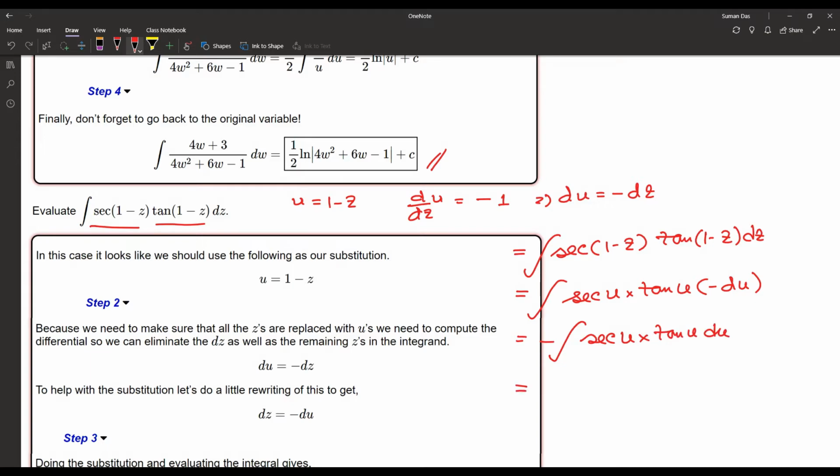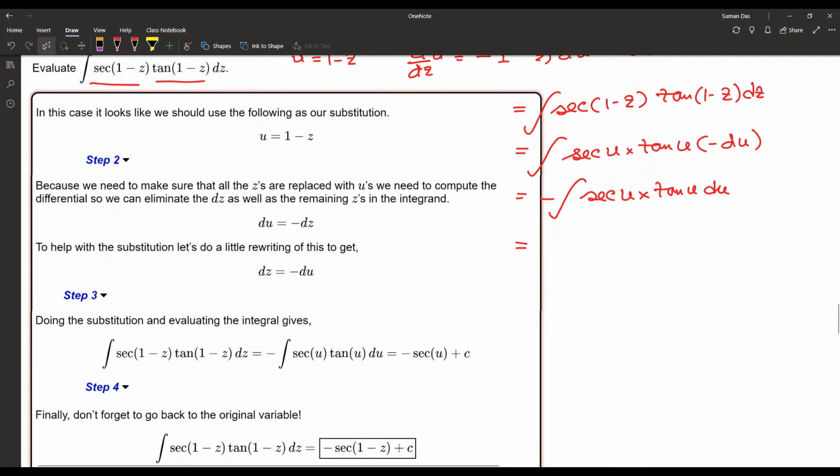And what is the integration of sec x tan x dx? That one is just nothing but sec u. So the final result is here, that is minus, for the minus, and that integration is sec u plus integration constant, just replacing the u with the original function of z. We are getting sec of u is equal to sec(1 - z) plus integration constant, and that one is the answer here.